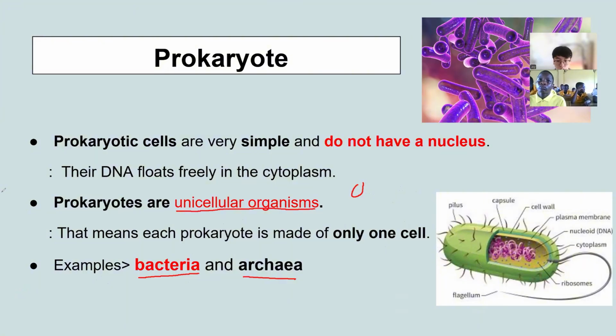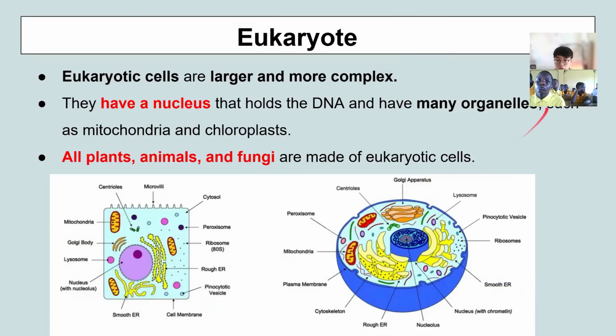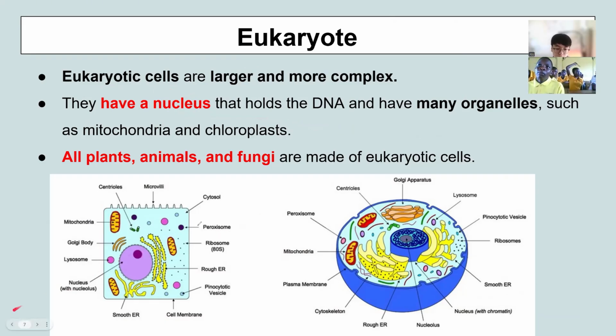That's the prokaryote. There's also the eukaryote. So eukaryotic cells are larger and more complex. They have a nucleus that stores the DNA, and they also have a lot of different organelles. Remember, in our cells chapter, we talked about different organelles, right?